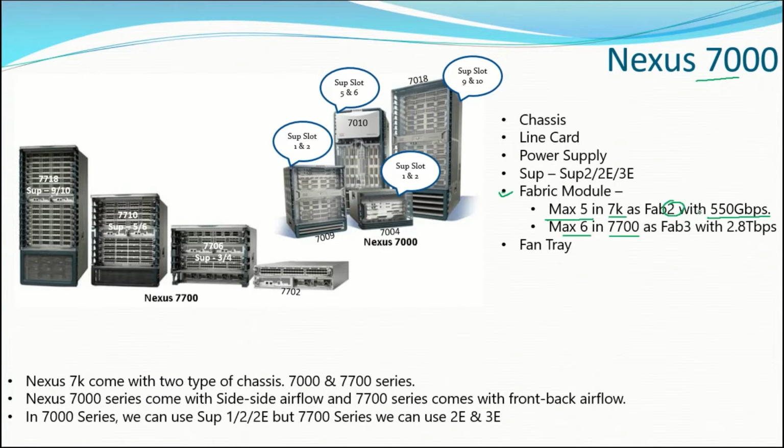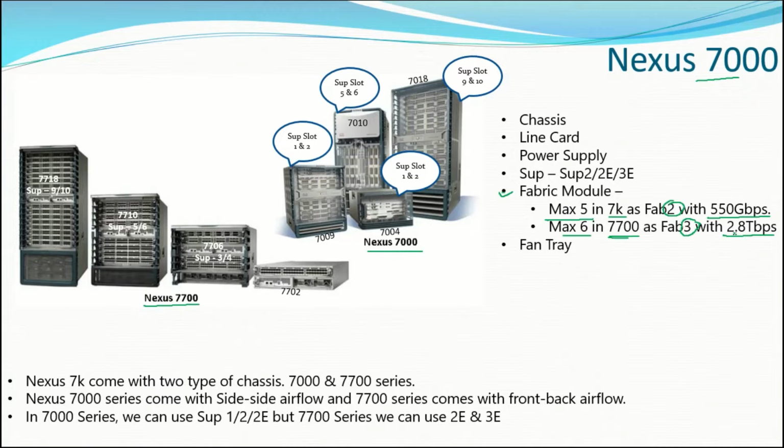It's the maximum bandwidth we can opt for in Nexus 7000 series of switch. But if we are talking about Nexus 7700, then fabric module 3 is supported for this next generation 7700 series, and the bandwidth we can get is up to 2.8 Tbps.